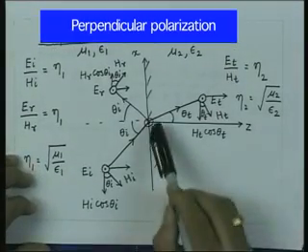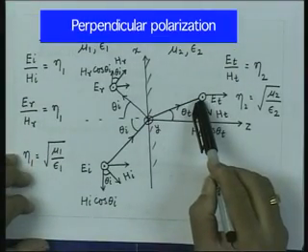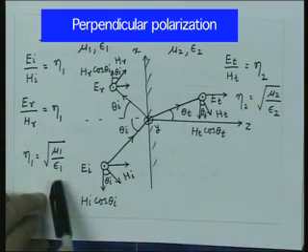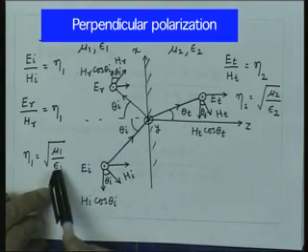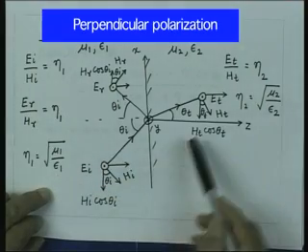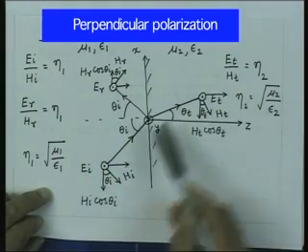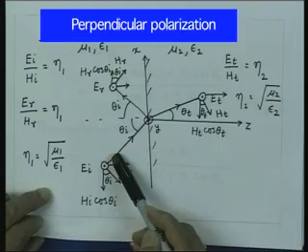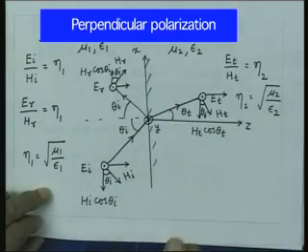Why? Because although the electric field is larger here, the intrinsic impedance, which is related to epsilon 1 and mu 1, means the magnetic field will reduce in proportion, so that the Poynting vector for this will always be less than the Poynting vector of the incident wave. After all, there has to be conservation of power.